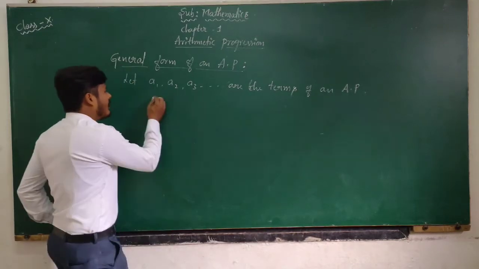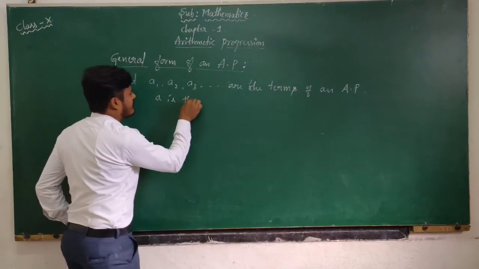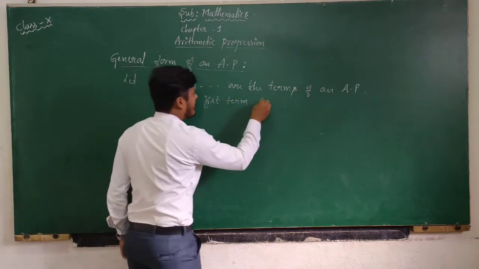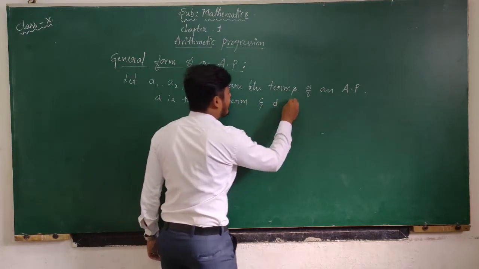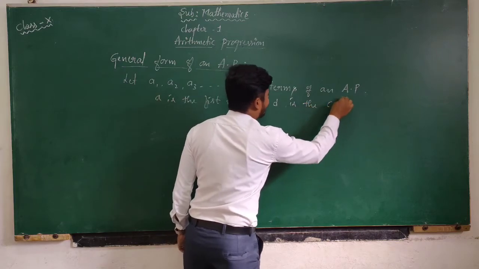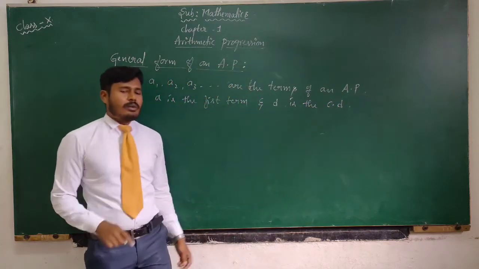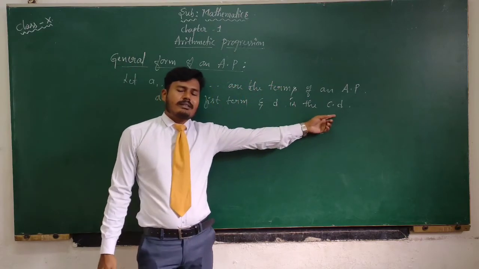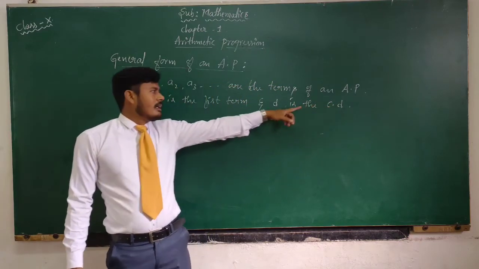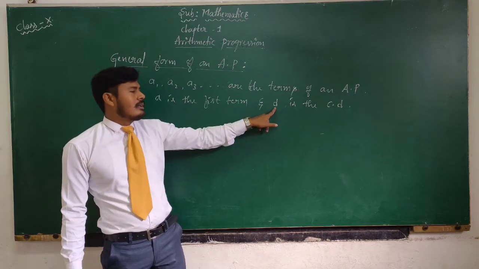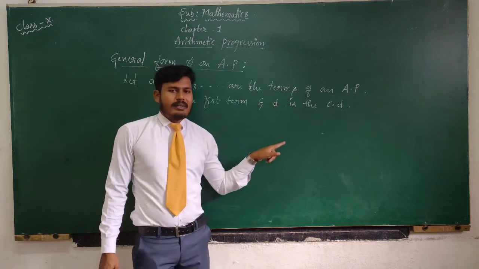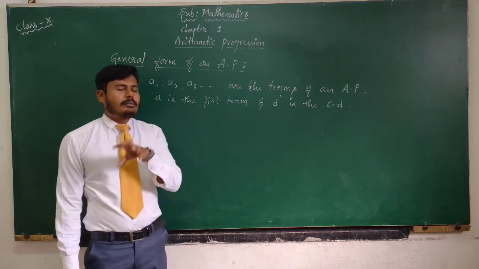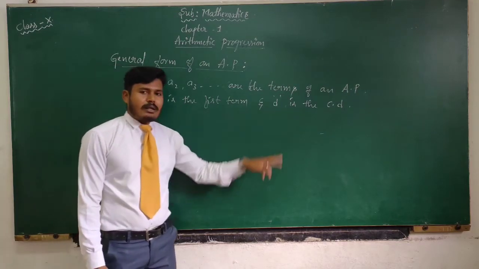Now here, I forgot one thing: the fixed number is also called the common difference. The common difference can be denoted by the small letter d. So this is the representation of common difference in an arithmetic progression. So here d is the common difference.